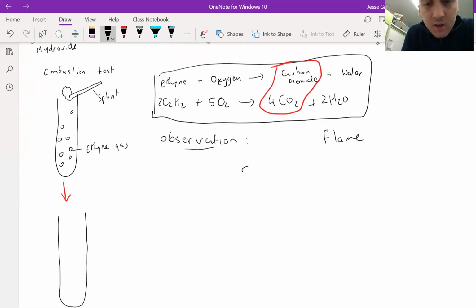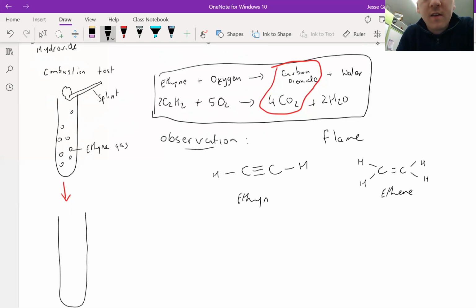I just want to refer to the structure here. You see this? This is the structure of Ethyne. And I'm going to compare it to the structure of Ethene. This is Ethene. Ethene and Ethyne. Now, Ethene burned with a luminous flame.